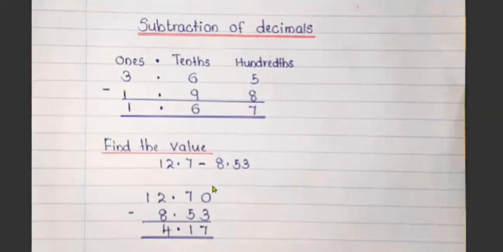You have to take 1. Then 10. 10 minus 3 will be 7. Then the balance 6. 6 minus 5, 1. Then you keep the decimal point. Here 12. 12 minus 8 is 4. 4.17.